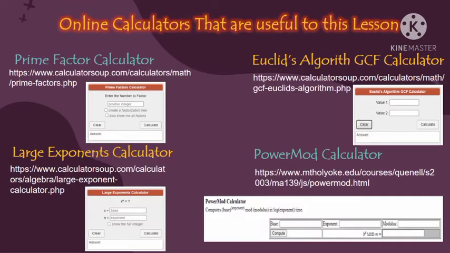That's why you need to understand and learn how to use these 4 calculators online. Actually, we can compute it manually, but it will take time to do so. So, to ease our computation, we will use these calculators to give the best result.